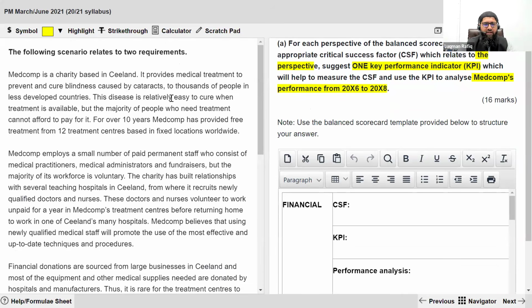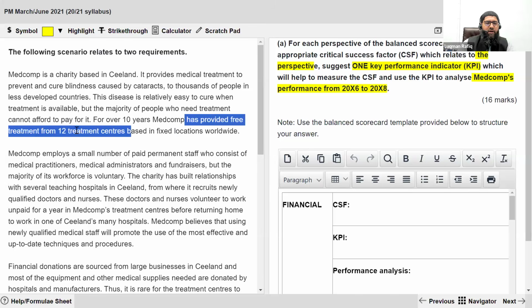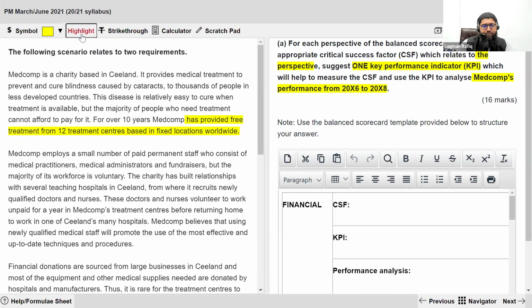This disease is relatively easy to cure when the treatment is available, but the majority of the people who need treatment cannot afford to pay for it. For over 10 years, Medcom has provided free treatment from 12 treatment centers based in fixed locations worldwide.